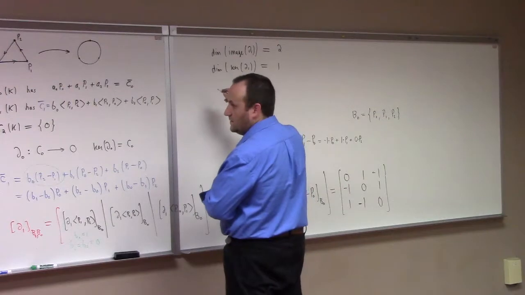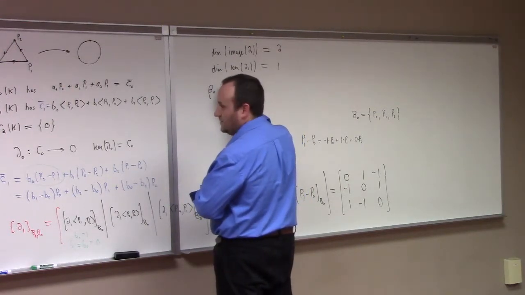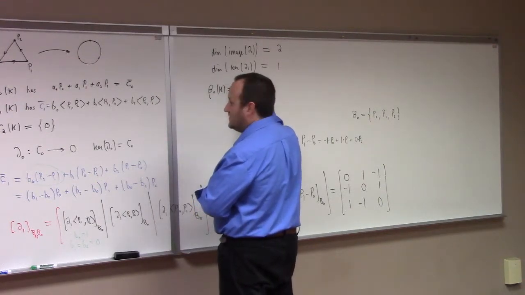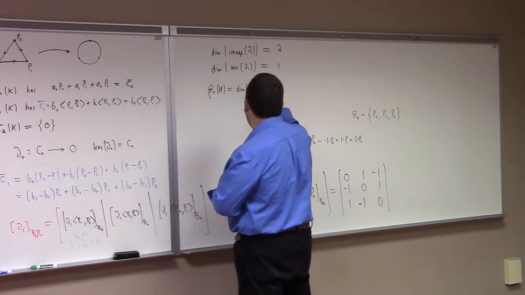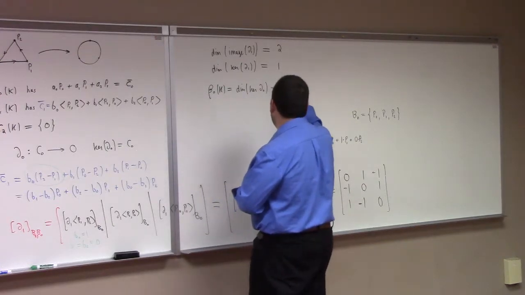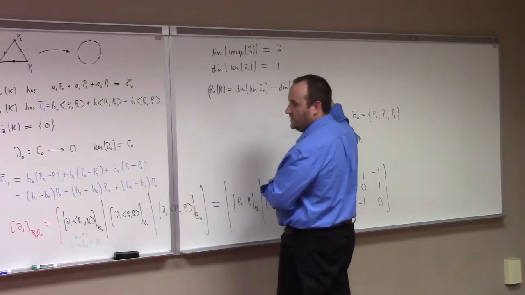What's beta 0 equal to? The beta 0 of k will be, what is it? Its dimension of the kernel of the 0th boundary map minus the dimension of what? The image of the first boundary map, right?